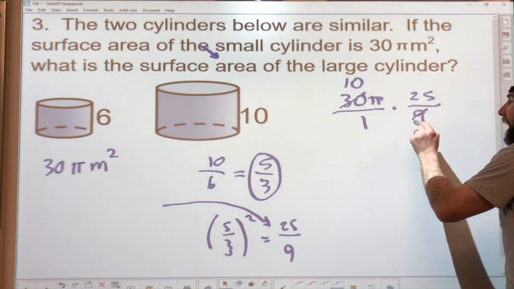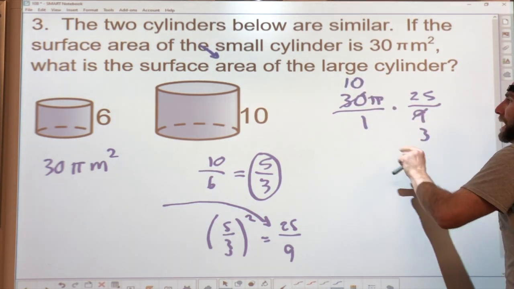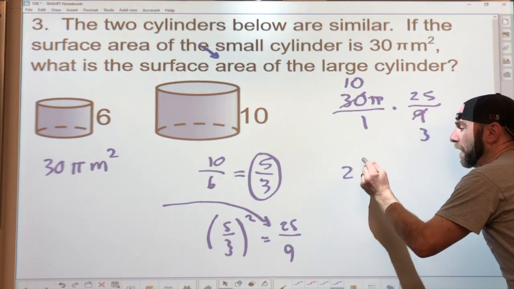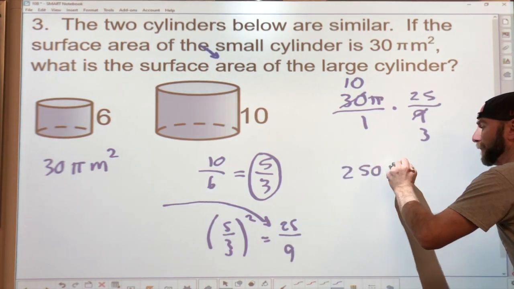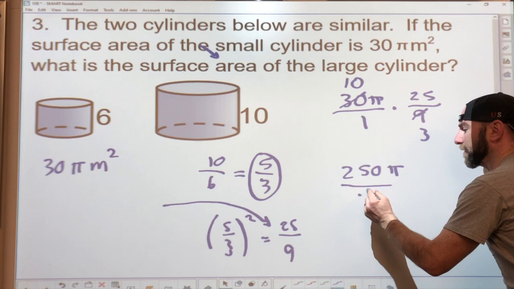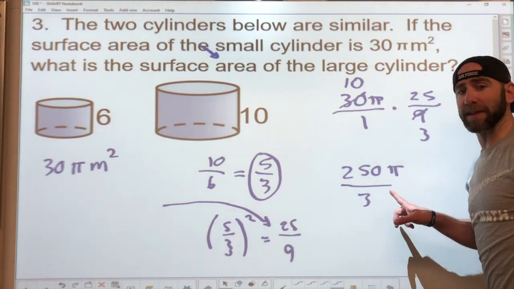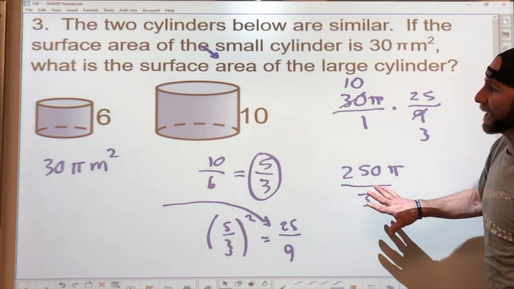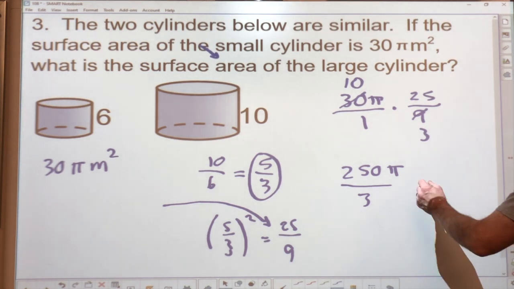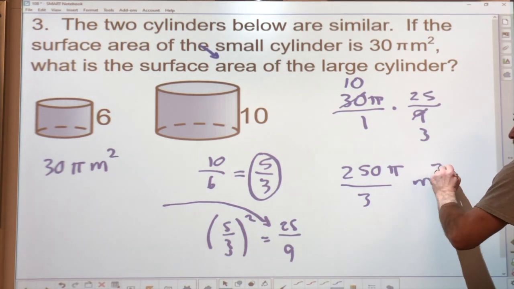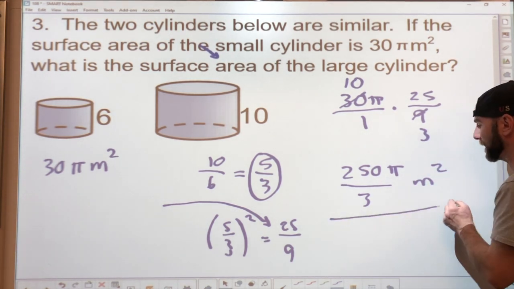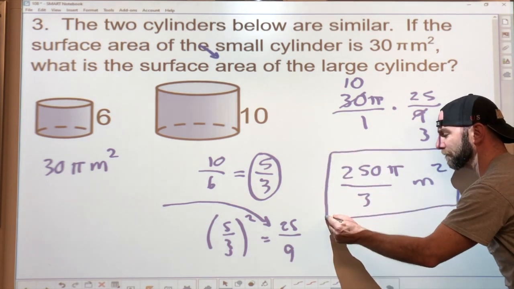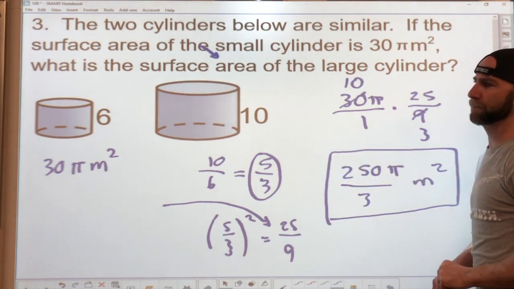That becomes that becomes that. And now this becomes 250 pi over 3, which I'm going to allow you to leave in this form. But don't forget units. We've got meters squared. So this is the surface area of our big cylinder.